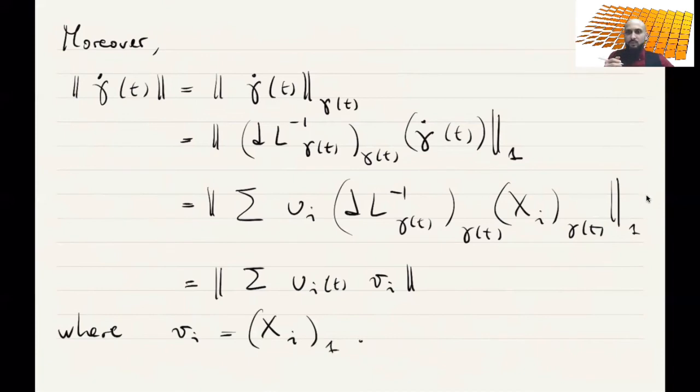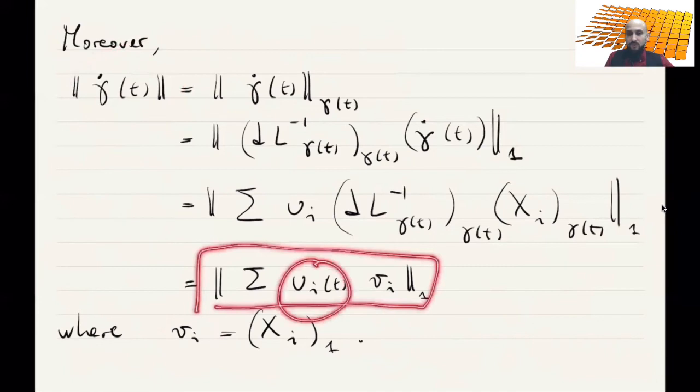So this is a formula for the norm of gamma dot, and you see this is the norm at 1. What we can think is that this is a basis of delta at 1, and we are just expressing the norm as the norm of the vector u1 to um.